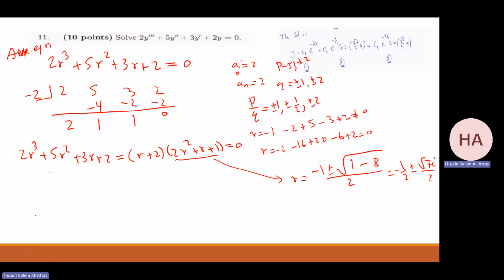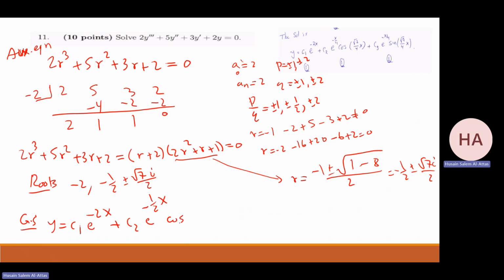Okay, so what are the roots then? Minus 2, and minus half plus or minus square root 7 i over 2. General solution: C1 e to the minus 2x plus C2 e to the minus half x cosine square root 7 over 2 x over, no, this is 4, sorry.